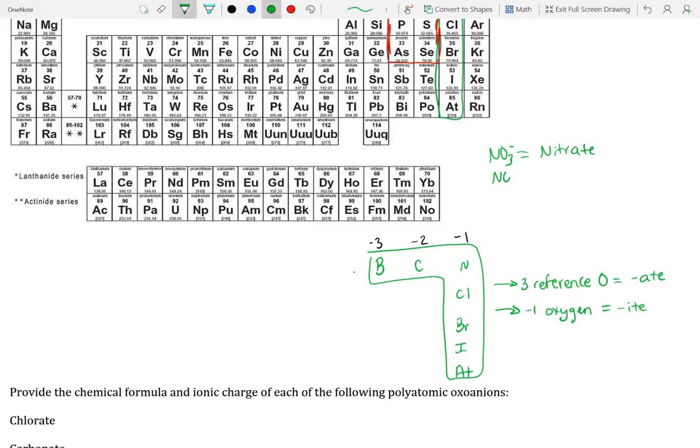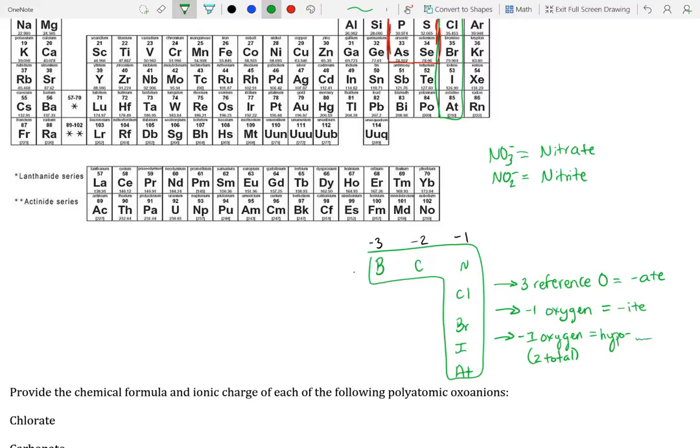So NO2 minus is equal to nitrite. Now, what happens if you remove another oxygen? So -1 oxygen. At this point, we've removed two total. What happens now? Well, you add the prefix hypo.